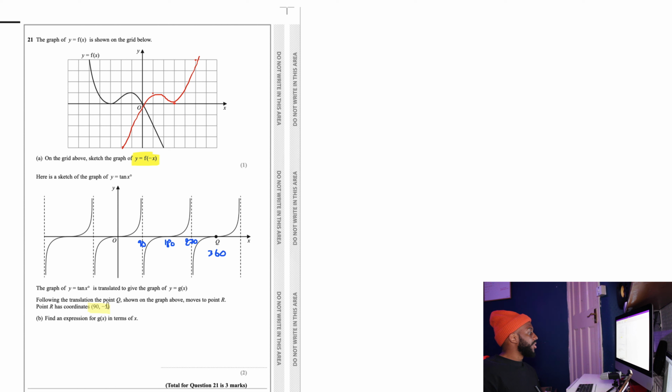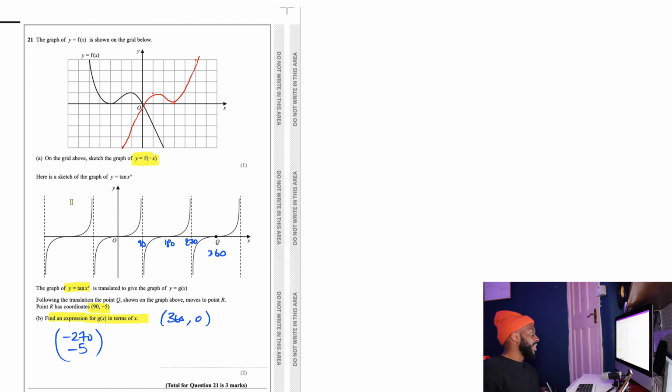So point R is at 90, minus 5. So point Q is currently at 360 and 0, which means that it's moved 270 to the left and 5 down. So we need to write this as an expression for g of x in terms of x. Okay, so that's the original graph there.